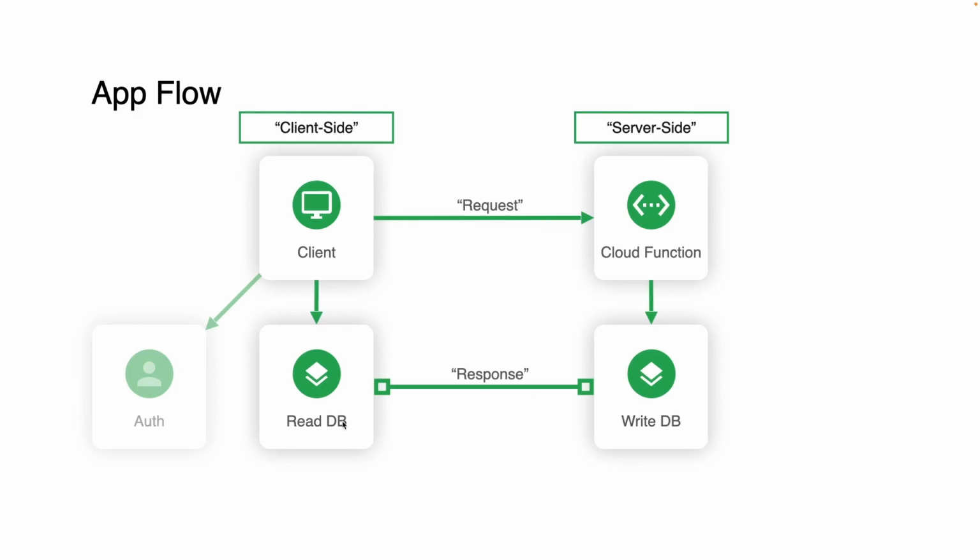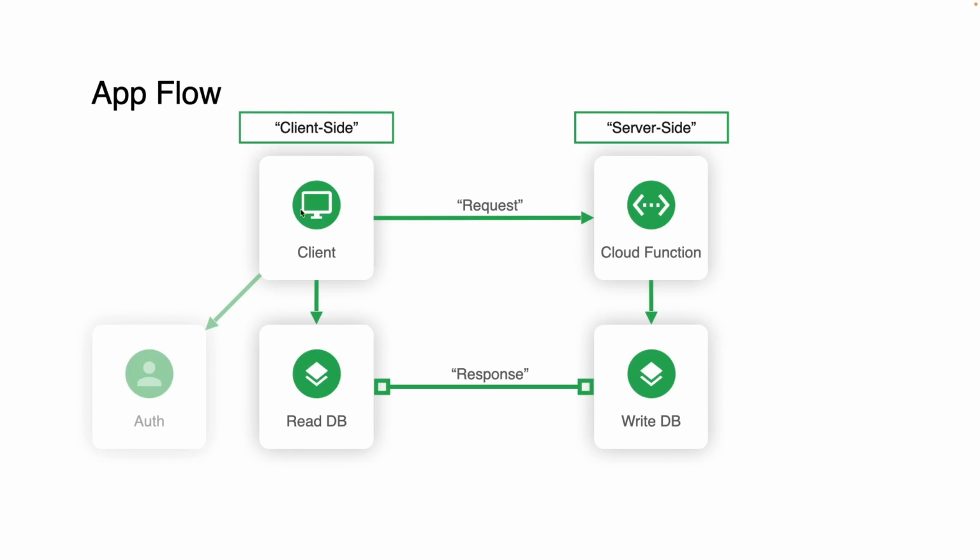So the client will be listening on some data, and it will be sending the request to the Cloud Function. The Cloud Function will write to the database, and now since the client is listening to that database, it is gonna get the new data. So when I said it's serverless-ish, this is what I meant. There is a server side, which is the Cloud Function and which is writing on the database, and there is a client side, which is the client listening through the database.